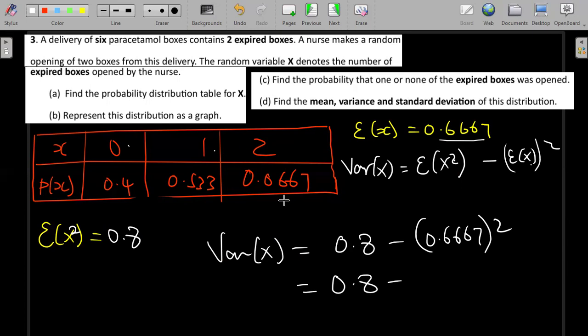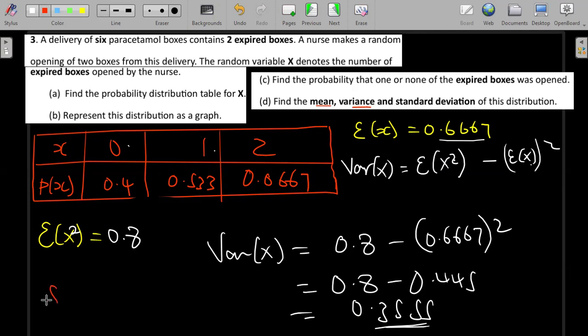Okay. So 0.8 minus 0.667 in the brackets. It's giving me 0.445. So subtract this, I'm going to get 0.3555. So this here will be my variance. So I found my variance here. Found the mean, found the variance.